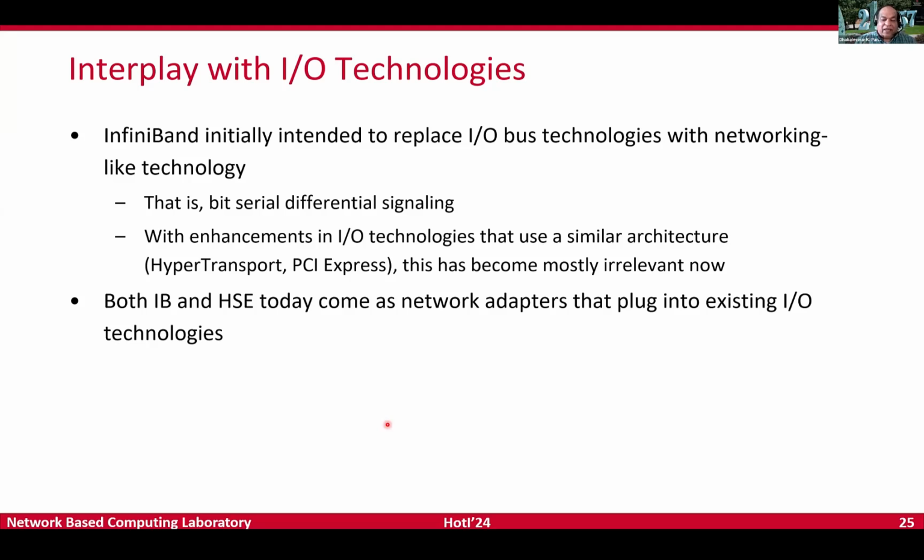That led to some controversy in the community. If you go back and look at some of the websites, you will see that around 2005, 2006, Intel declared they were withdrawing from the InfiniBand consortium. Microsoft also announced that they were withdrawing, but that was not good for the end users.